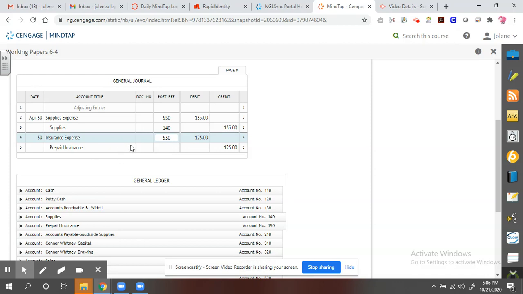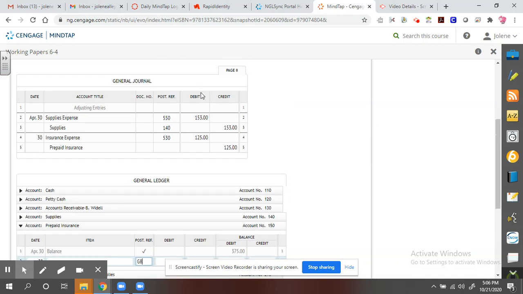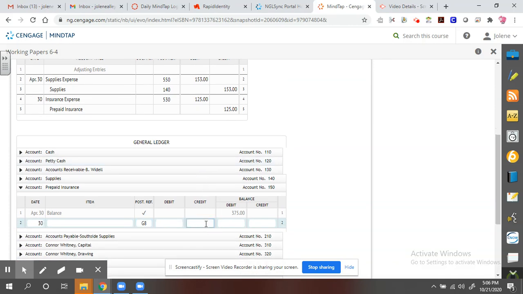Now I have to go to prepaid insurance. I put the 30th, put my G8 to show where I got this from. And this is now a credit of 125. Just like before with supplies, debit and credit are like oil and water. They do not mix.